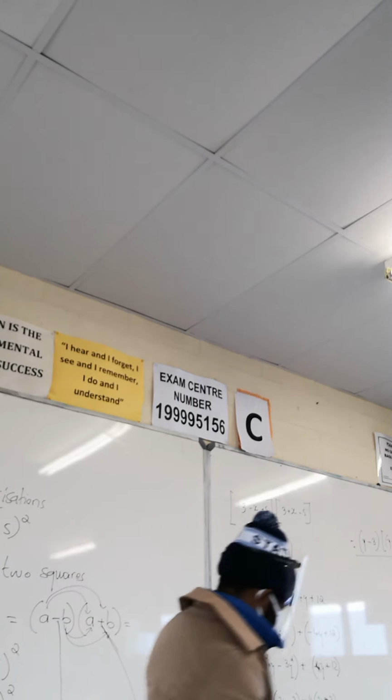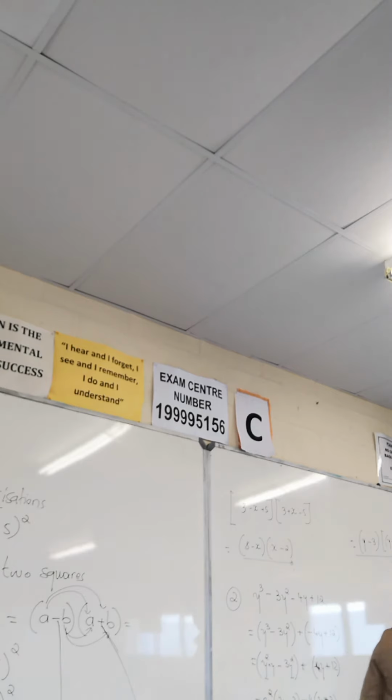Now let me give you a factorization when we have a fraction. So we'll have 1 minus 1 over x squared minus 1 plus 1 over x squared. So what is this type of factorization?